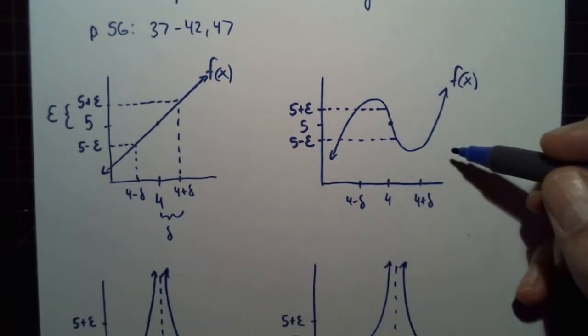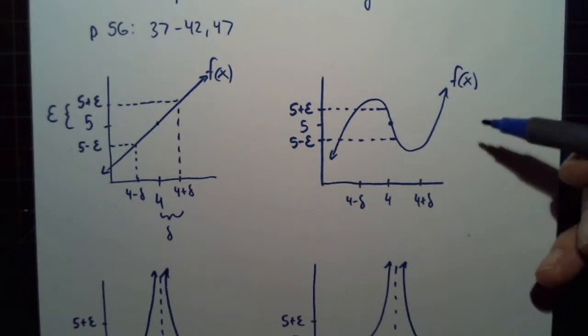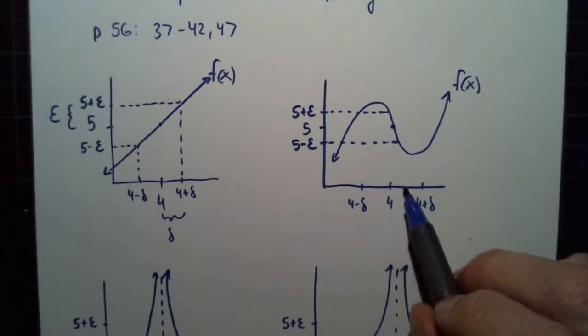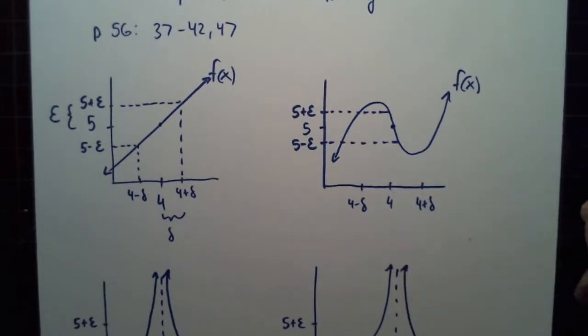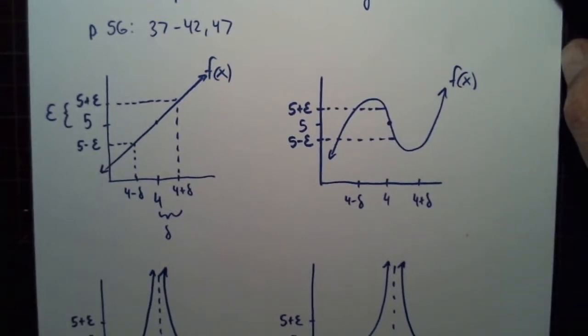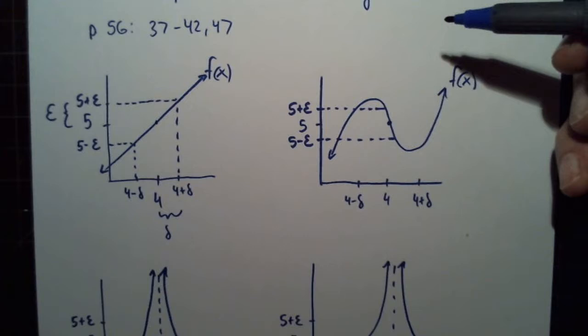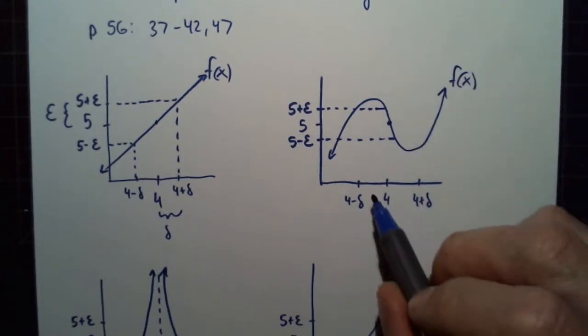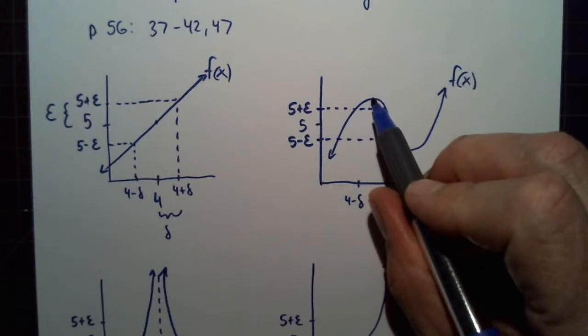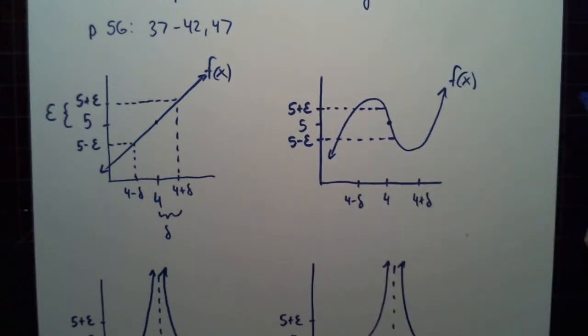And now we look over here, and so here we've chosen an epsilon, and will every x that is within delta of 4 be within epsilon of 5? So look for x values that will have y values that are beyond epsilon, and that's going to happen right here, where the y value goes beyond epsilon away from 5.